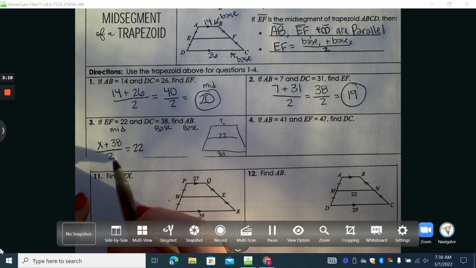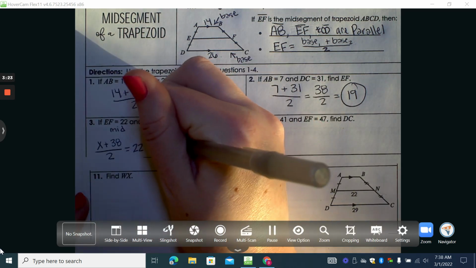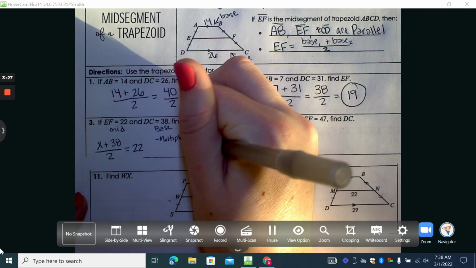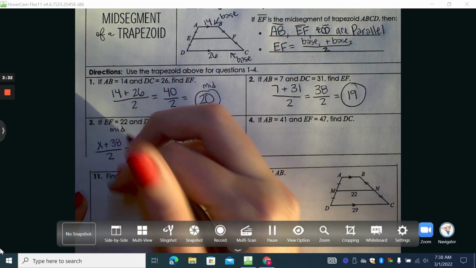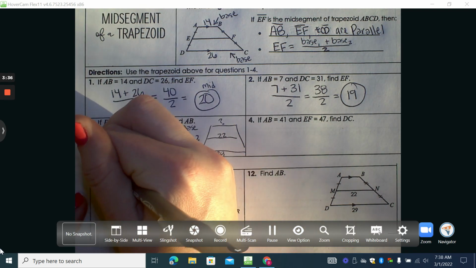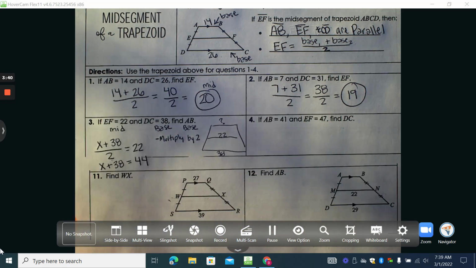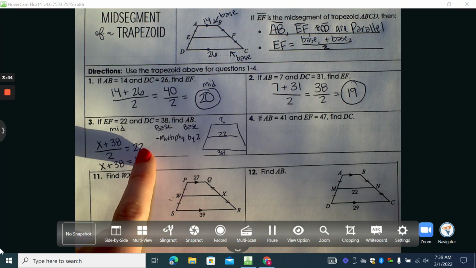When I have this 2 on the bottom, we're dividing by 2 here, so I'm going to do the inverse operation. I'm going to multiply by 2 first. I'm multiplying by 2 to get rid of it on this side, and I'll multiply by 2 over here.